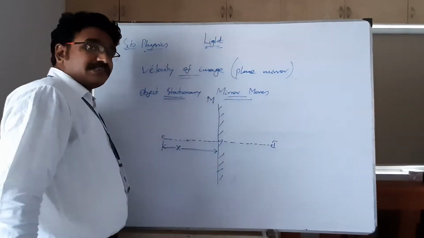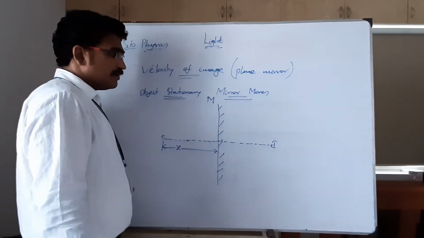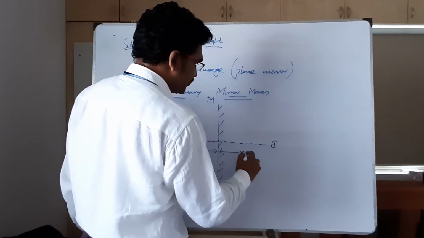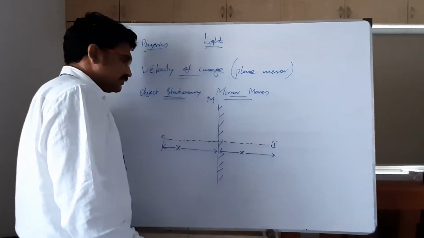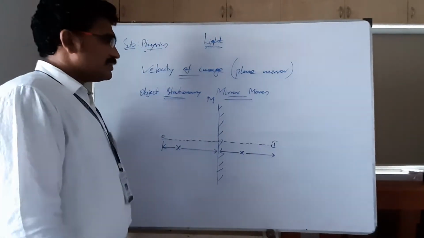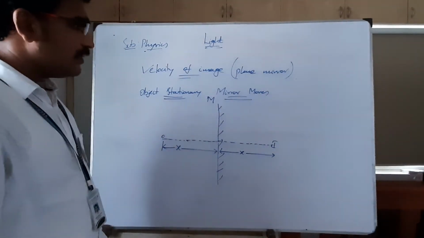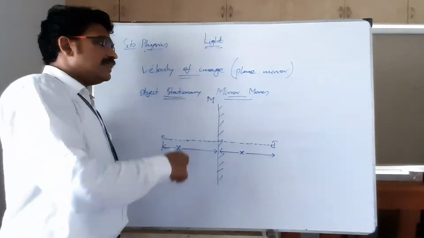When object distance is x, as per the properties of the mirror, image distance also will be x. Object distance is x and image distance is x. Now what is the distance between object and image?